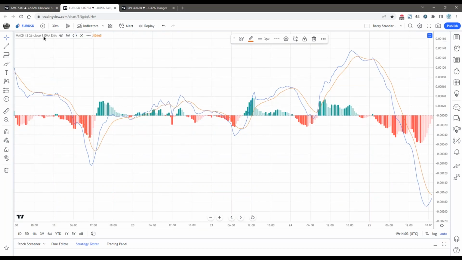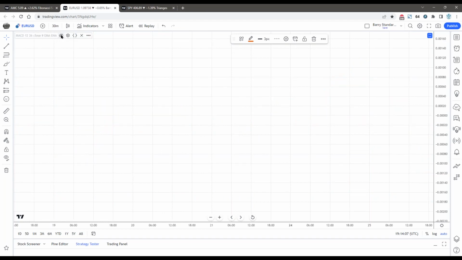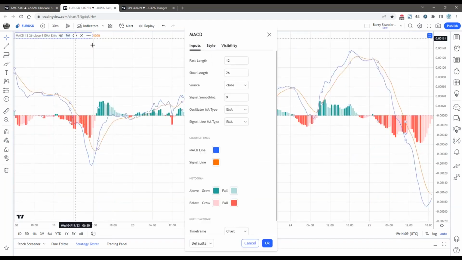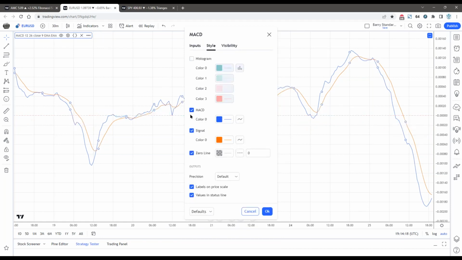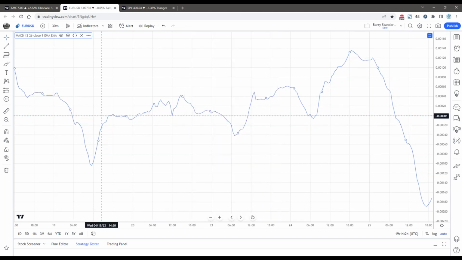The MACD consists of several lines. I'm going to turn off some of them and we're going to start from the beginning. This line on the bottom of our chart is called the MACD line.